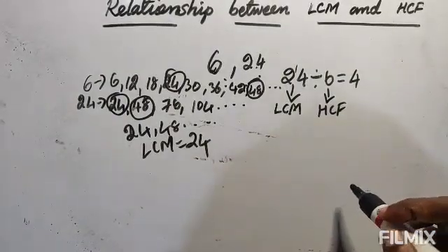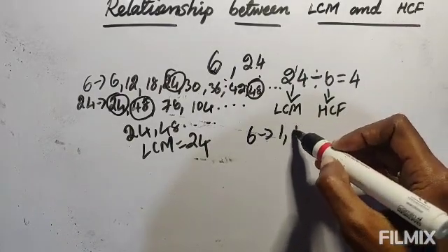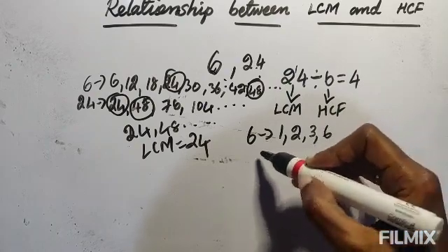Now let's see the HCF. Factors of 6 are 1, 2 can divide, 3 can divide, 4 no, 5 no, 6. So these are the factors of 6.